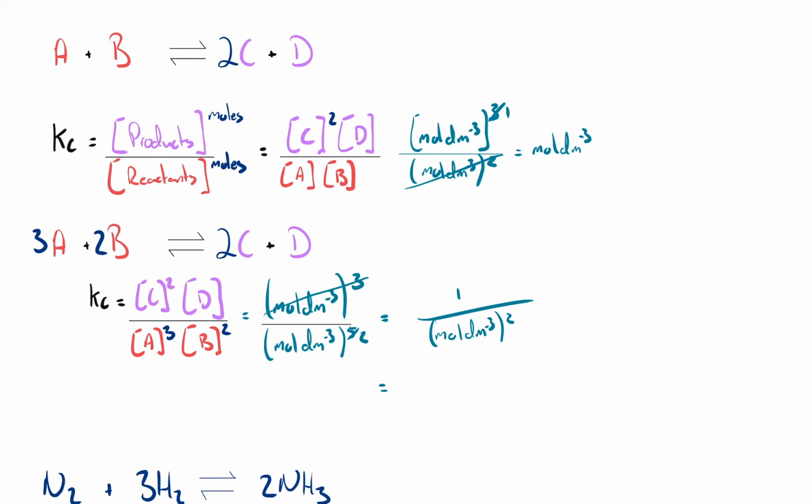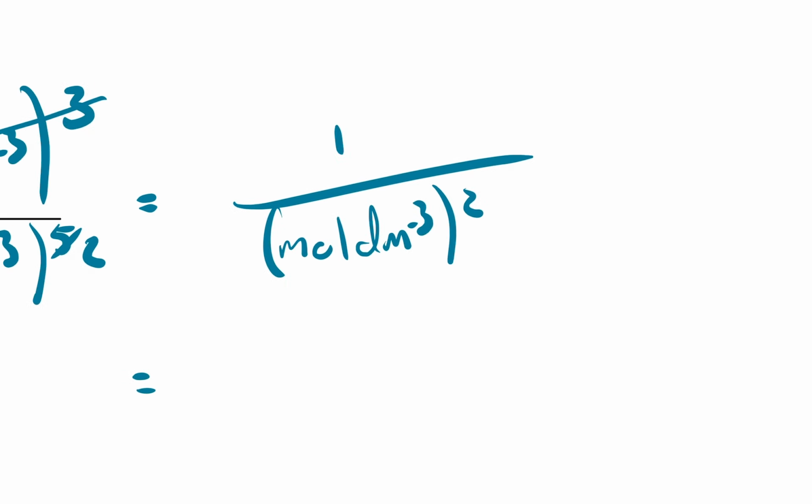Now, that means if you imagine we've got 2 lots of the 1, so we times this 2 by 1, so we've got 1 over mole to the 2, and 2 times the minus 3, so dm to the minus 6.